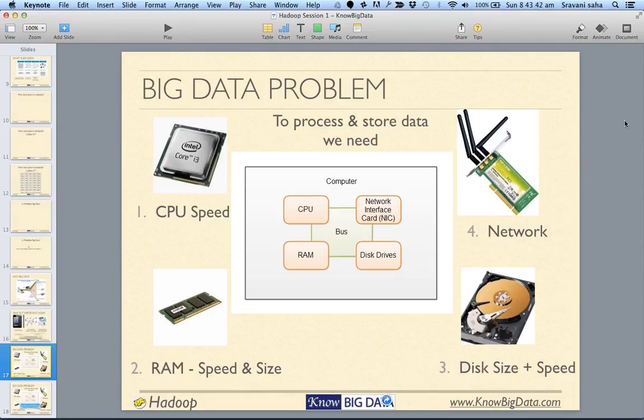Now let's take the second case of velocity. When the velocity keeps on growing, which out of these four becomes your bottleneck? Karthik says RAM. Good. And CPU. Yes. So when the velocity is there, all three, CPU, RAM, and the network, will become your bottleneck.